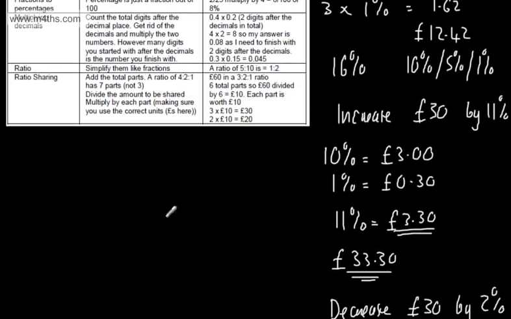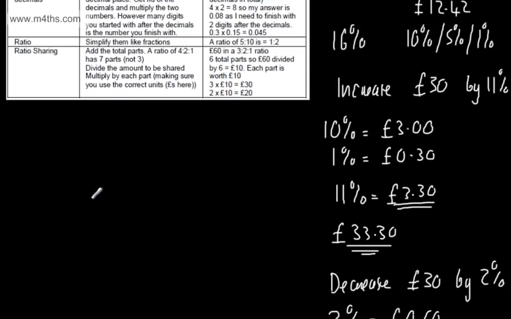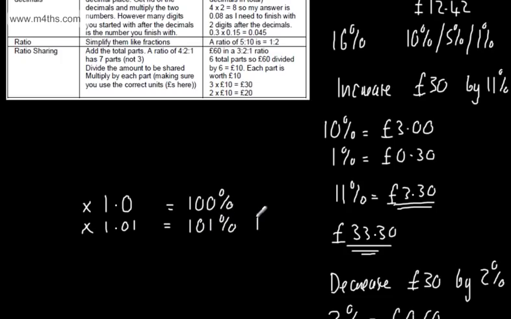Okay, now for increasing and decreasing, you could look at a table of multipliers, especially if it's a calculator question. If I multiply anything by 1.0, that will give me 100%. It will give me everything. If I multiply it by 1.01, this is going to be 101% of the original, or a 1% increase.